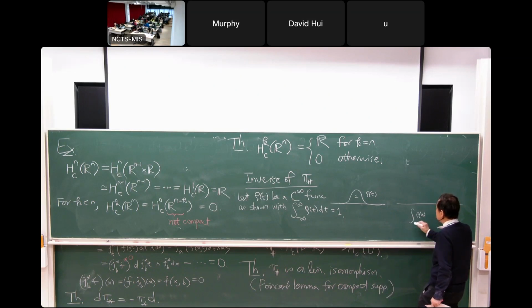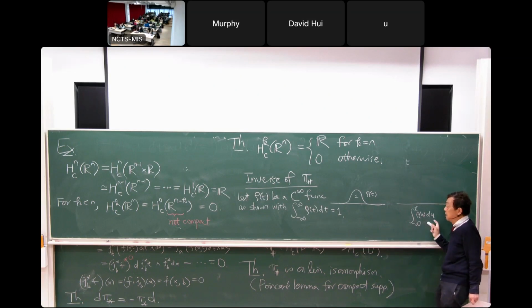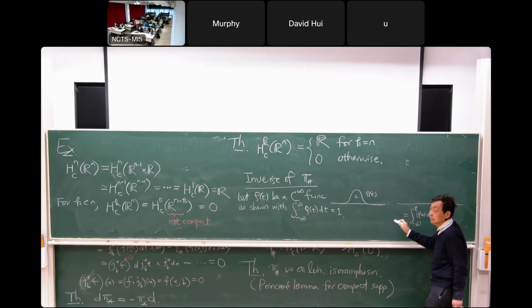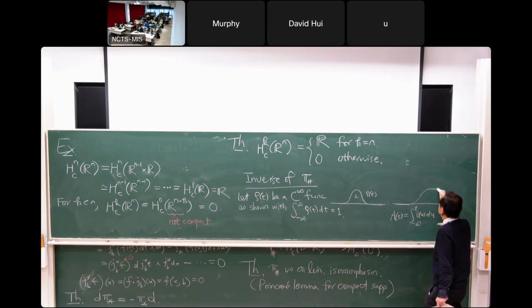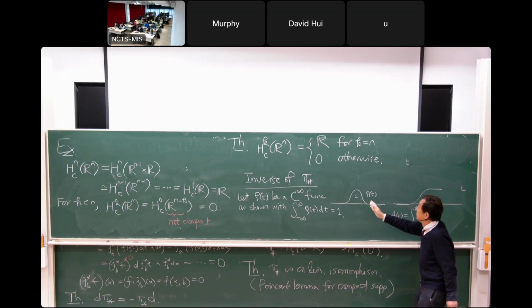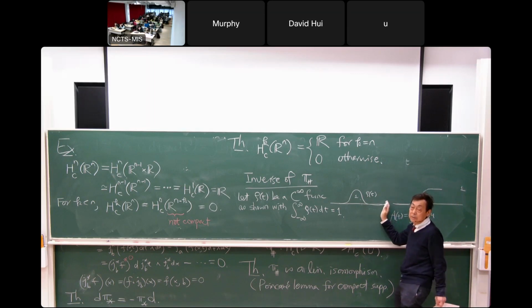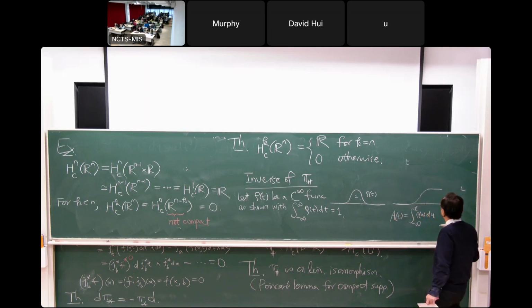Let's integrate it from minus infinity to T so that you have a function of T. Let's call this A of T. So this function is going to be 0, and then it will start increasing, and then it will give me the entire integral 1, and then when I continue, I don't get any more stuff under the curve, so it will have a graph like this.